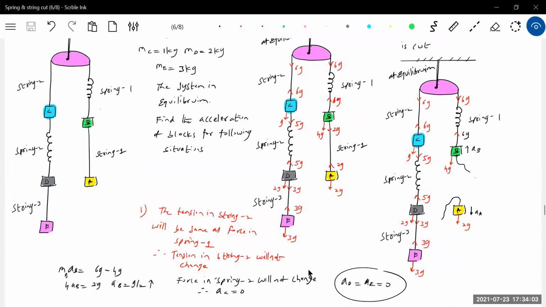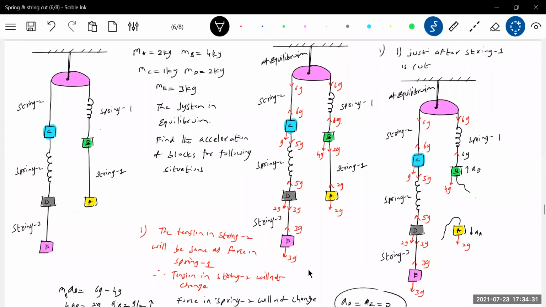We'll discuss when spring 1 is cut, what conditions will come? Sir, when string 1 is cut, how will it be in equilibrium, sir? String 1 or spring 1? String 1, sir. Let me explain, please. Okay, let me take this condition.